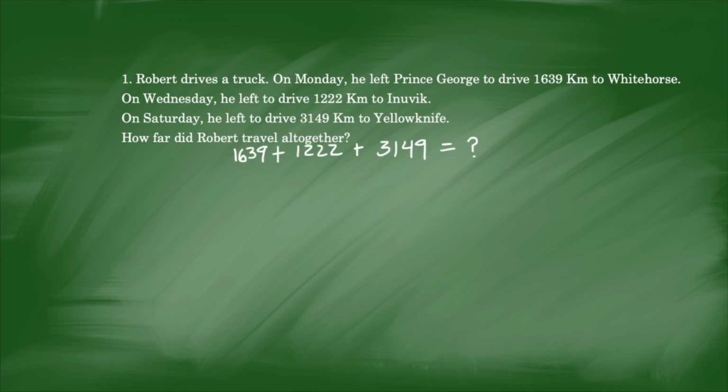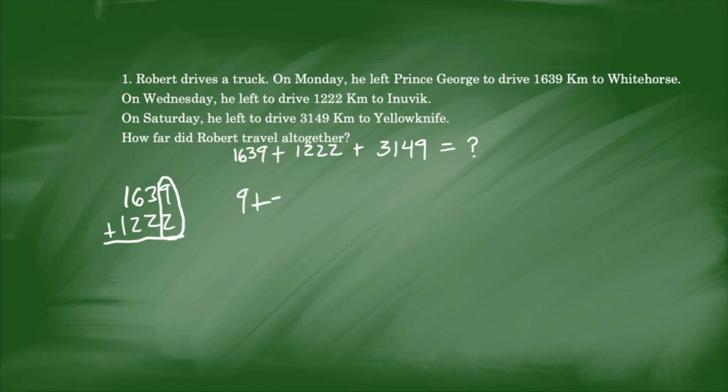So then, what does 1,639 plus 1,222 plus 3,149 equal? Let's start with the first two numbers. We have 1,639 plus 1,222. First thing we must do is add together the numbers in the first place value.